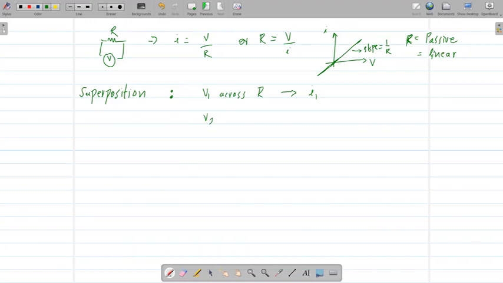If I apply V2 across R, it gives rise to I2. So if I were to apply V1 plus V2 across R, that will give rise to I1 plus I2. So this is called superposition.